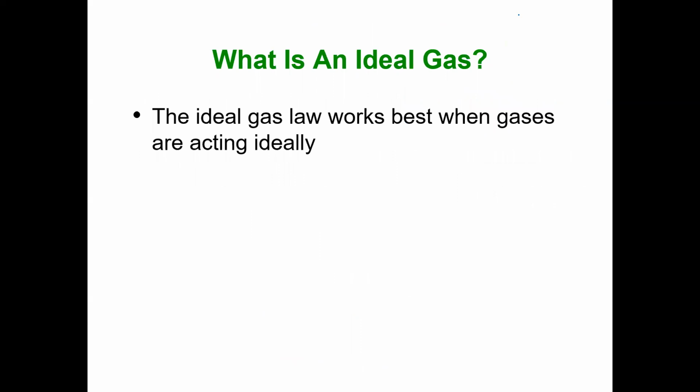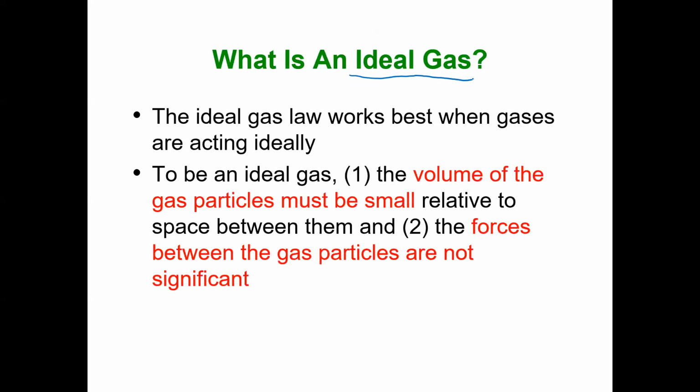So we have to realize that this is referred to as the ideal gas law equation because it's assuming that gases are behaving ideally. And for the majority of time they are, and to be perfectly honest, it gets incredibly close in pretty much all situations. So to be an ideal gas, the volume of gas particles must be small relative to the space between them.